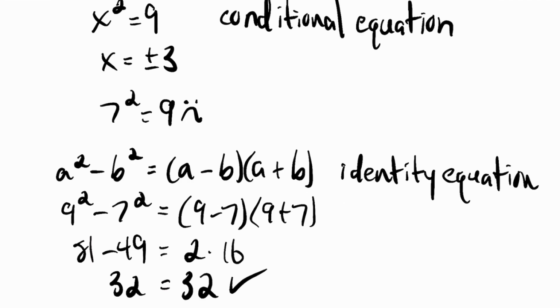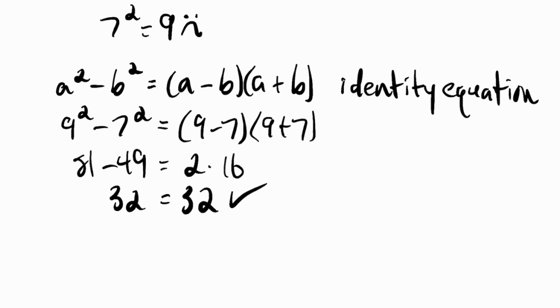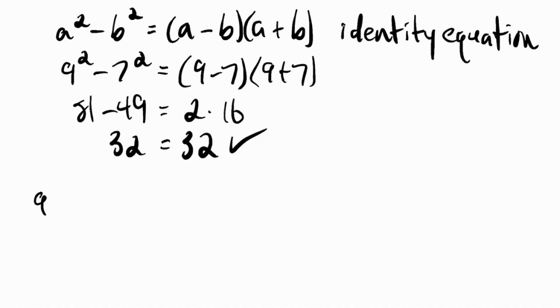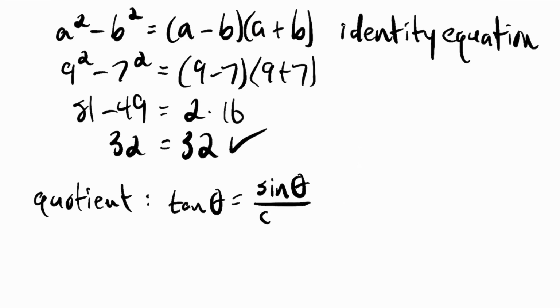Starting with maybe the simplest ones, the quotient identities, which we've more or less seen already. So for example, tangent, by definition, is y over x. If you think about the x, y, and r features of a circle and an angle in central position on that circle, that's y over x, but this is equivalent to sine theta over cosine theta.